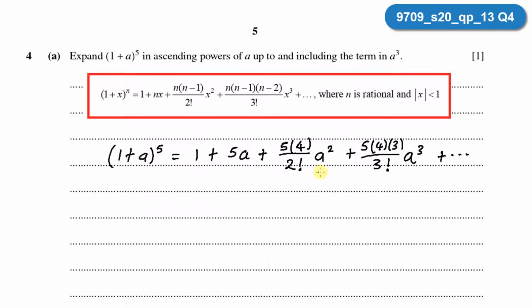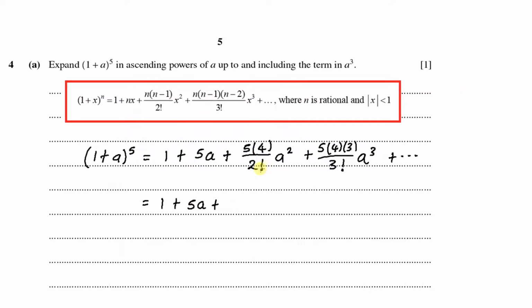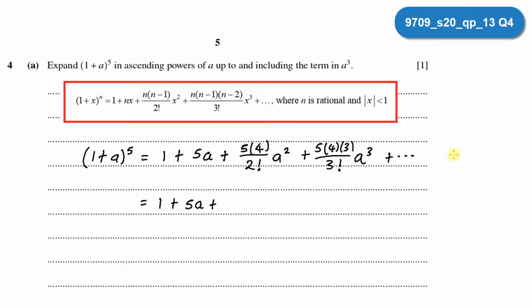So I can now just simplify this. So that's 1 plus 5a plus 5 times 4 over 2 factorial. That's the same as 5 times 4 over 2 times 1. That's 2 factorial. So I can divide 2 into 4. So 5 times 2, that's 10. So I'll be having here 10a squared.